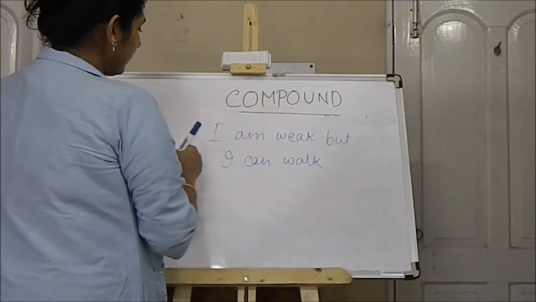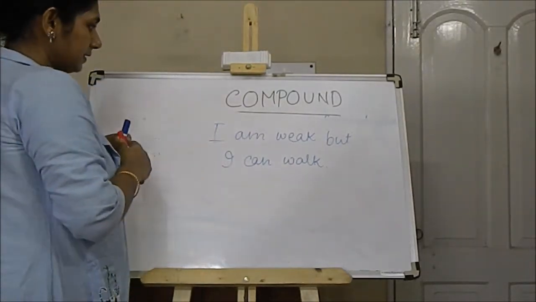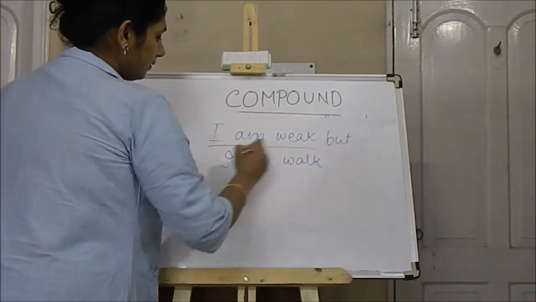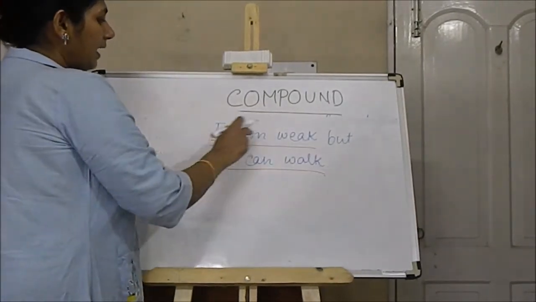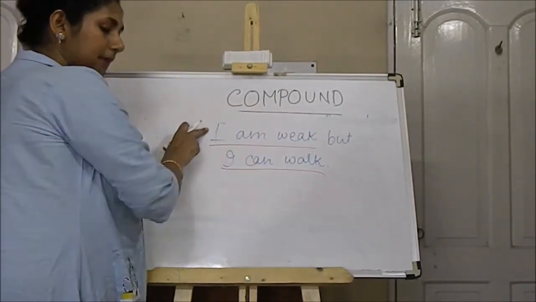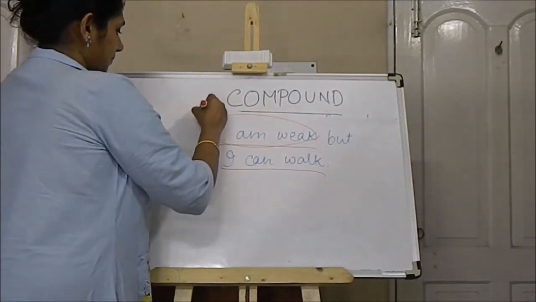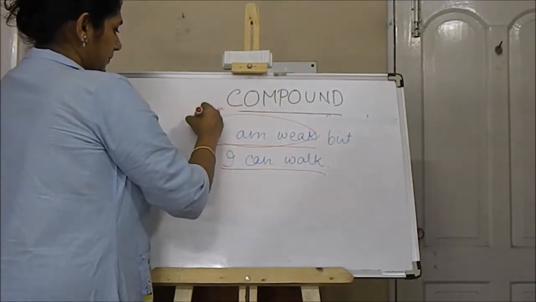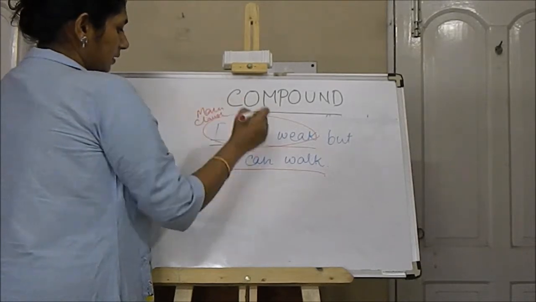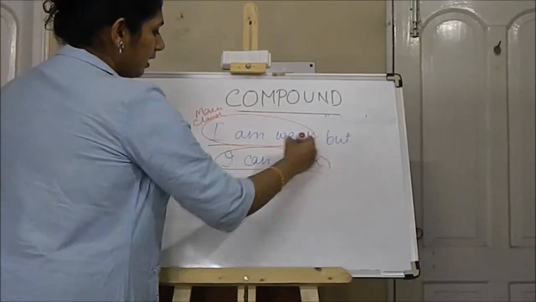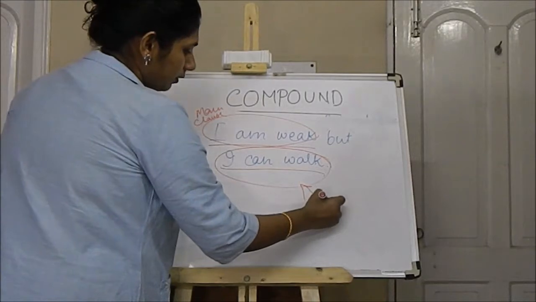This particular sentence is a compound sentence. Why? Because "I am weak" is a main clause. "I can walk" is also a main clause.